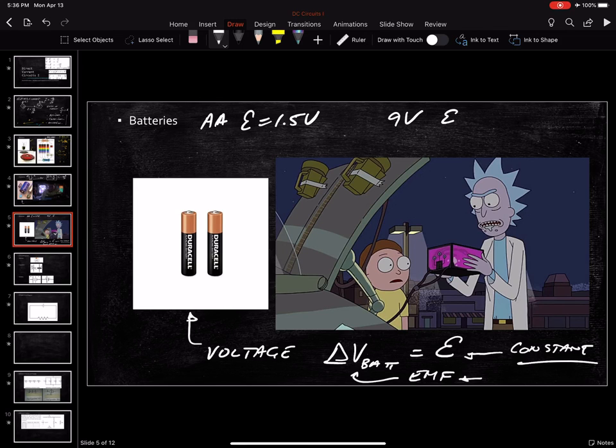So now, I want to start thinking about actually making circuits. In other words, hooking up batteries to light bulbs and figuring out how much current is there, how much power gets burned through those light bulbs, and so on and so forth. And to do this, I need to start thinking about ways of drawing these things, because it's fine to just draw random pictures.